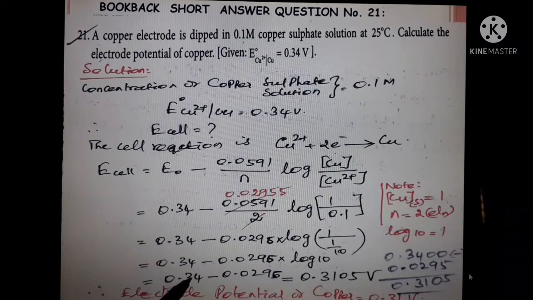So 0.34 minus 0.0295 is equal to 0.3105 volt. I already subtracted the value. So the electrode potential of copper is 0.31 volt. This is the final value for this question.